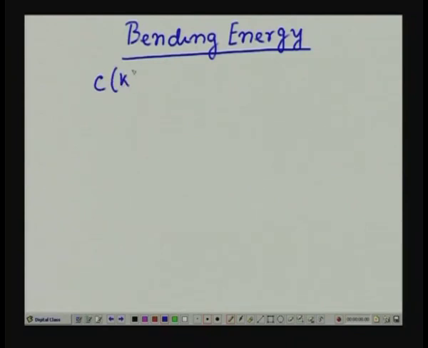So, this bending energy can be computed from the concept of curvature at different points on the boundary itself. At the kth point, if C k is the curvature at point k, then the bending energy corresponding to that point is the square of this. So, the total bending energy of the boundary can be computed as the summation of C k square, where C k is the curvature at point k, and I have to take this sum for all the points lying on the boundary.